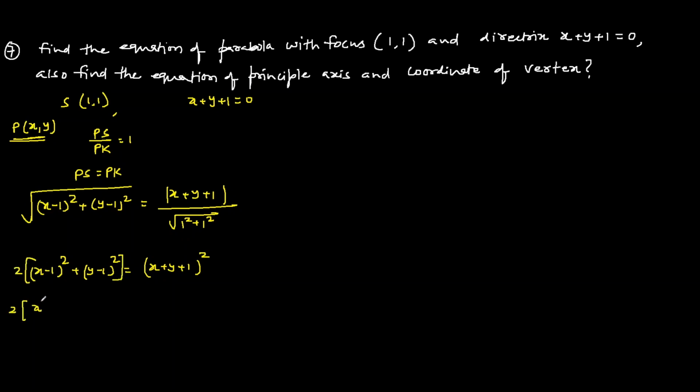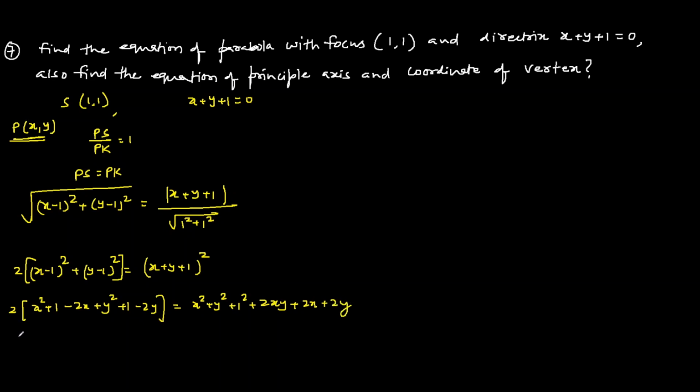So we have x² + 1 - 2x + y² + 1 - 2y on one side, and on the other, x² + y² + 1² + 2xy + 2x + 2y.